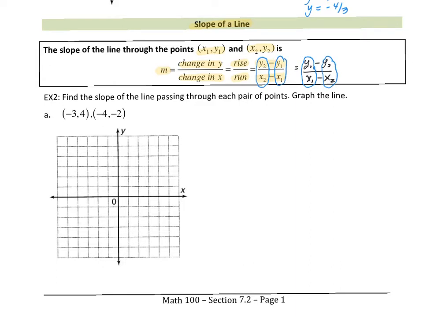Let's go ahead in example 2 and find the slope of the line passing through the points. We're also going to graph the line. Right away, I could actually graph this line because I do have 2 points.